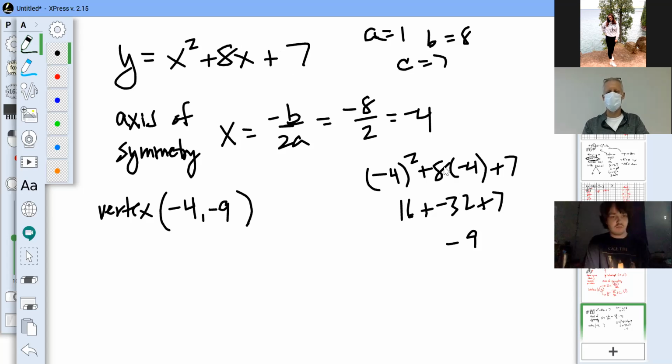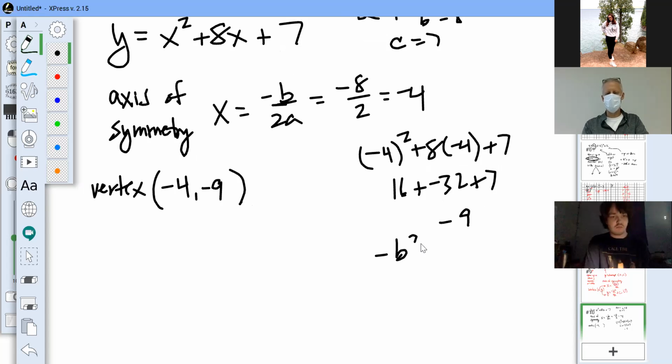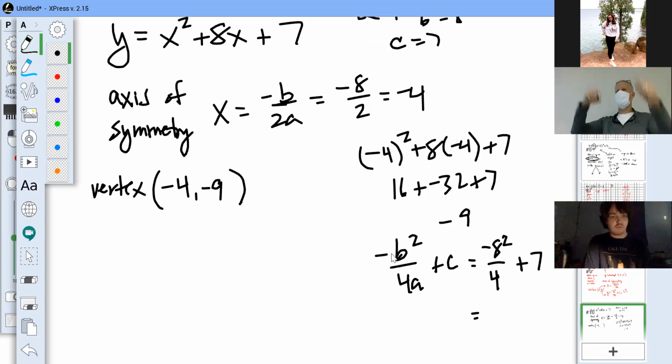Now, before we move on, let's check that other thing. Let's check it against -b squared over 4a plus c. It's going to be -8 squared divided by 4, plus 7. Now this isn't -8 times -8. It's the opposite of 8 squared, so this negative sign is not with the b.